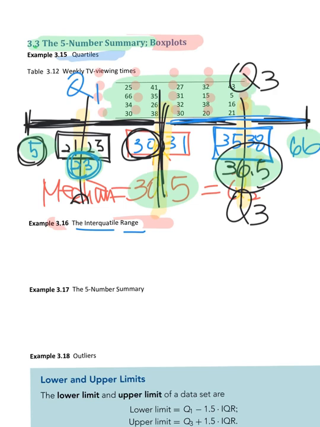It is a range, a distance between the quartiles. But we had 3 quartiles. It's between whom and whom? Is it between the first quartile and the third one? How? Q3 minus Q1.